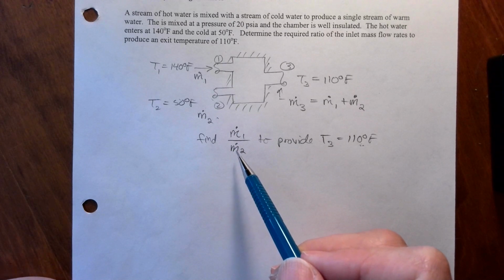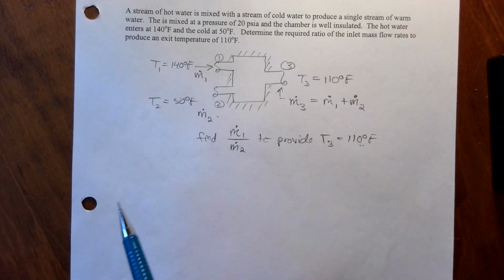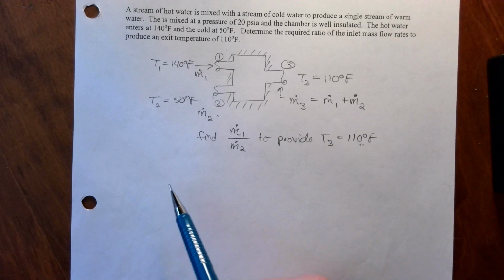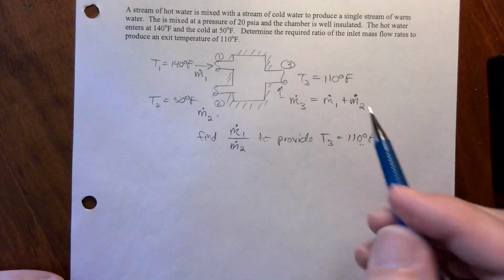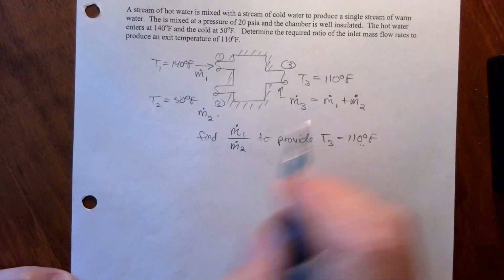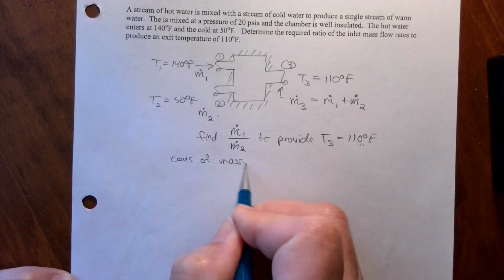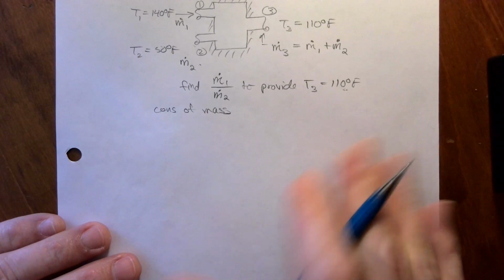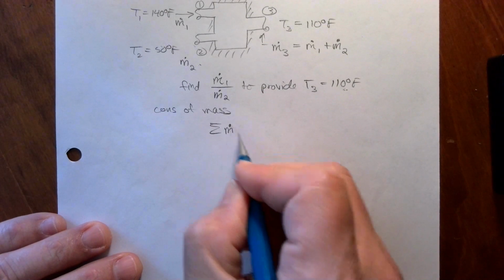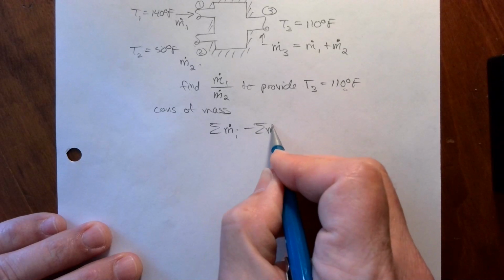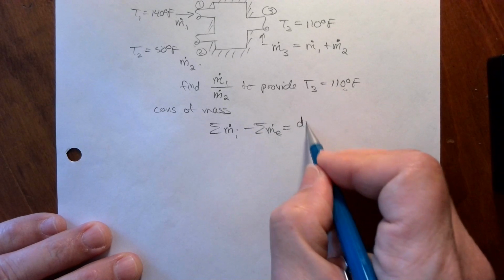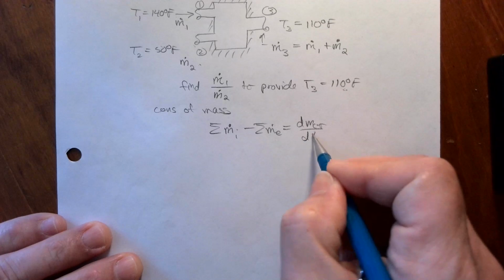So let's go through and do an analysis, try to figure out what that has to be from a thermodynamic standpoint. Conservation of mass we've effectively already done, but I'm going to write it down anyway. Conservation of mass: the summation of m dot in minus the summation of m dot exit is equal to 0 because we're in steady state.